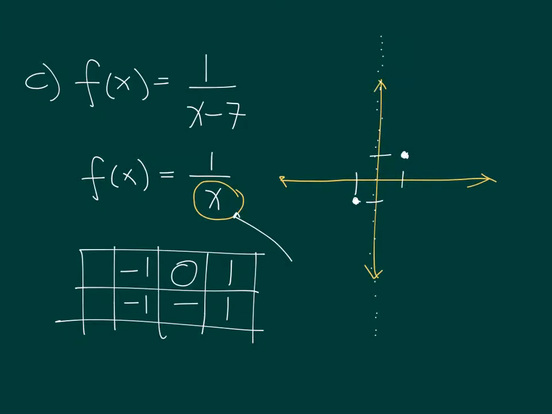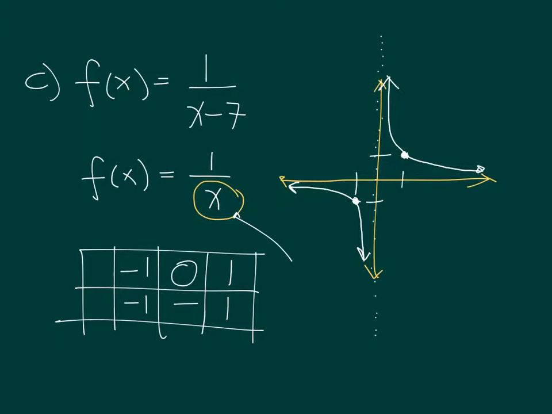The behavior of 1 over x is like this. It's not crossing the y-axis. It's also not crossing the x-axis. So it will stay within those boundaries, not crossing x and not crossing y.